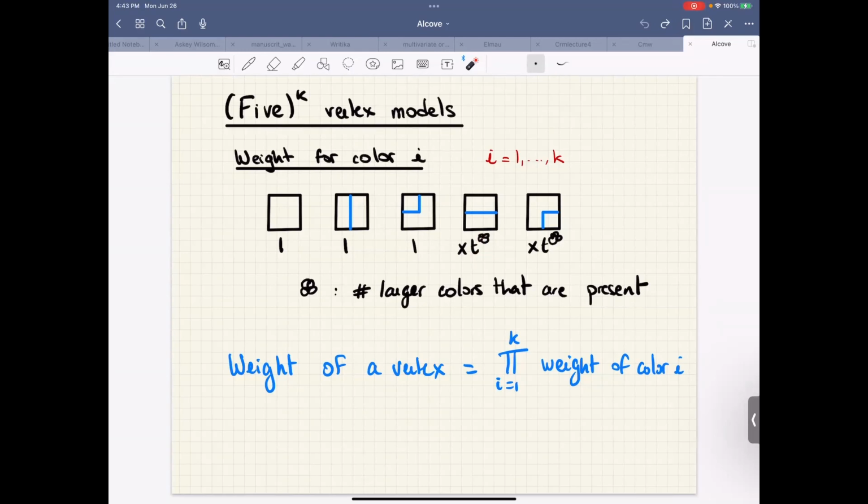And then we do exactly what we have done for Schur polynomials. We put many vertices together, we do configurations, and we take the product of the weights of all the vertices, where the weight of a vertex is just the product of the weight of each color, taking into account these interactions.